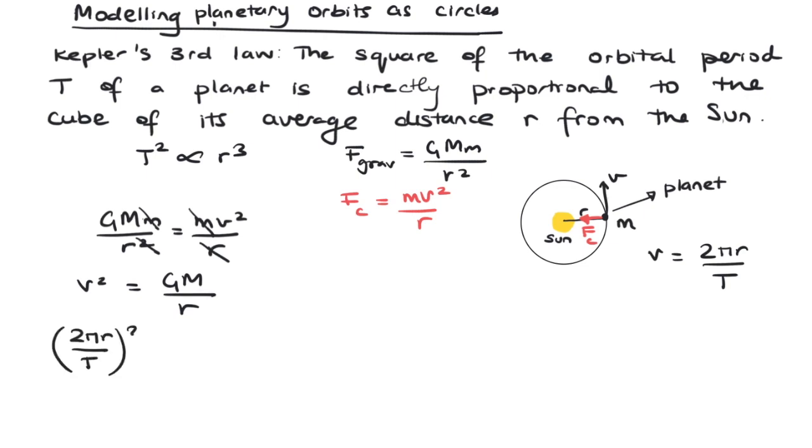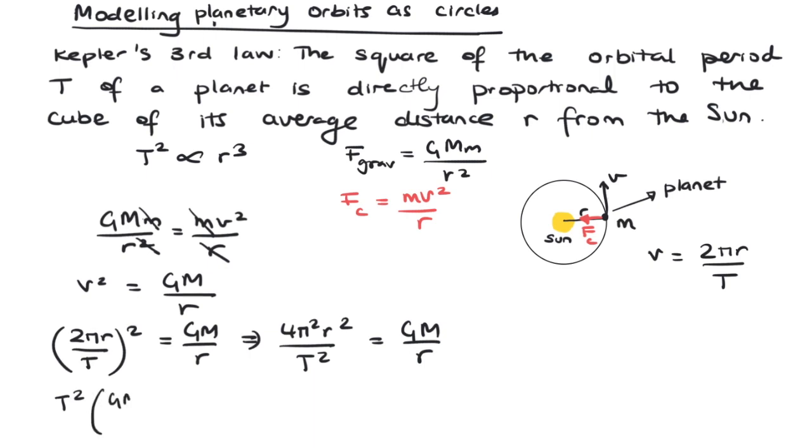Further simplifying this, we get 4 pi squared r squared over T squared equals GM over r. Now, I need to make T squared the subject, so if I multiply both sides by T squared, I end up getting T squared times GM over r equals 4 pi squared r squared.